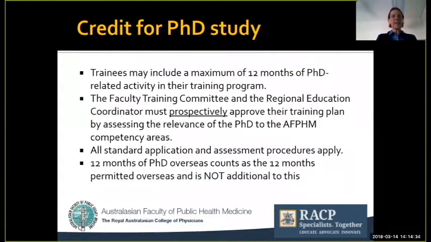You can't count them as two separate years, they're the same thing. And again, if you want to count credit for a PhD study, it has to be approved prospectively. So make sure you think about this when you're going into a PhD. If you want to include this, get it checked off with the Faculty Training Committee first.